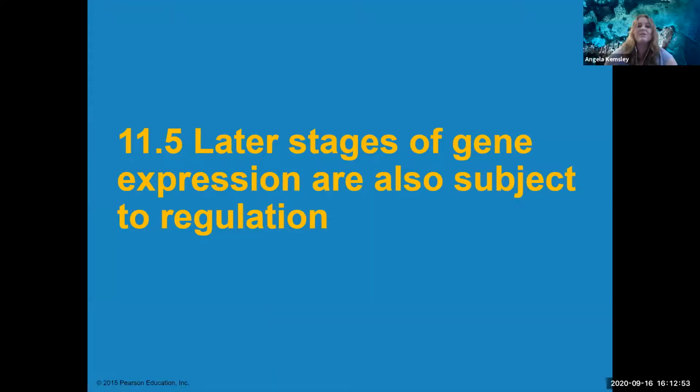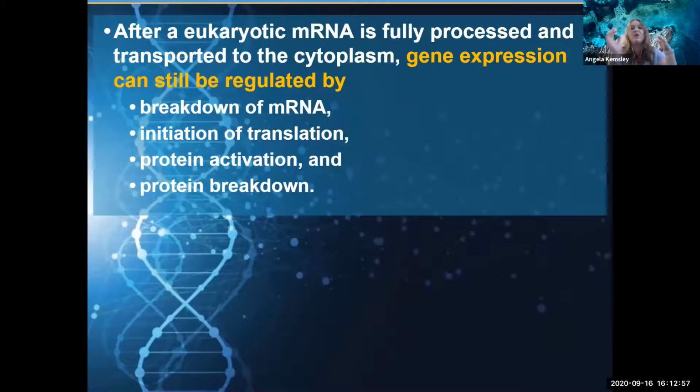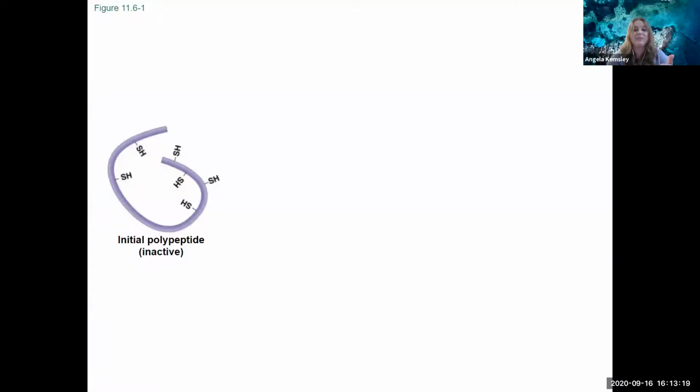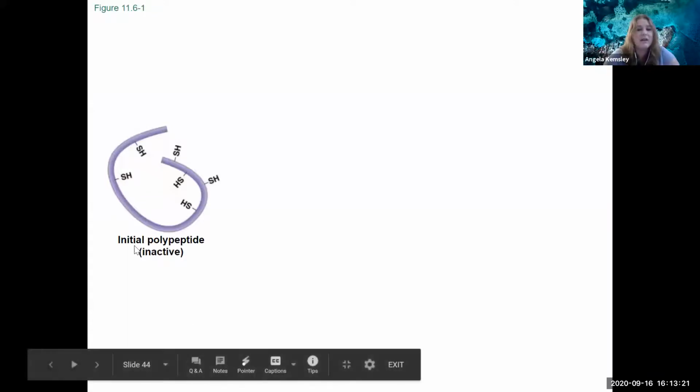There's also regulation at later stages of gene expression. After a eukaryotic mRNA is fully processed, so we've done our splicing, we've sent it outside of the nucleus into the cytoplasm, gene expression can still be regulated. It can be regulated by the breakdown of mRNA, the initiation of translation, protein activation, and protein breakdown. If you take a look, here's our initial polypeptide that we've made from translation.